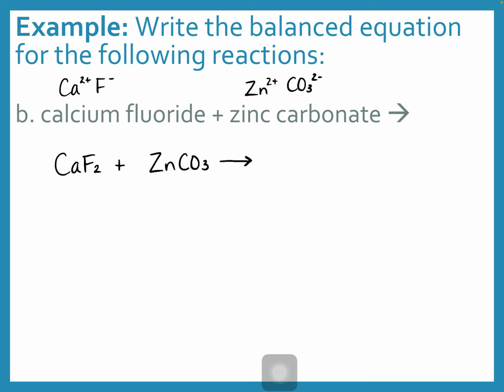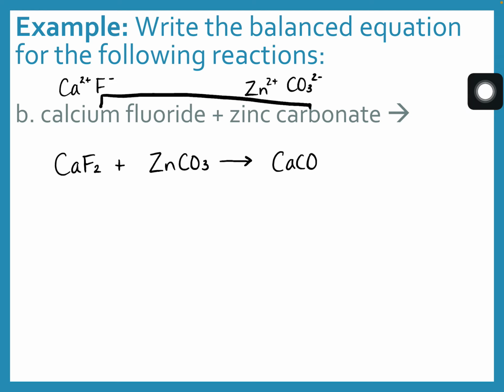Then calcium is going to pair with carbonate, a 2 plus and 2 minus, so 1-to-1. And zinc will pair with fluorine, a 2 plus and a 1 minus, so that's going to give me ZnF2.